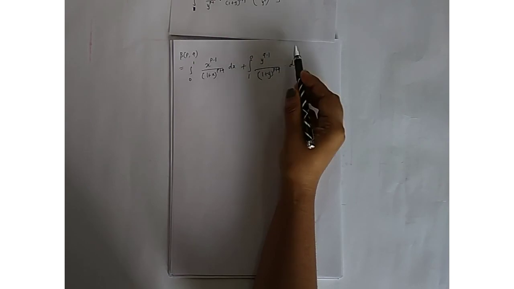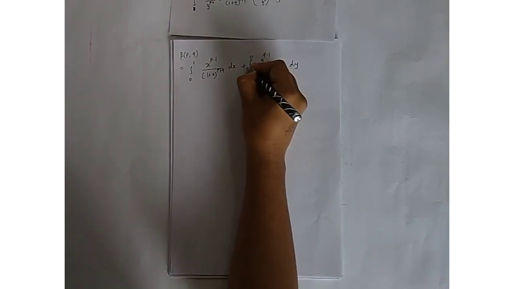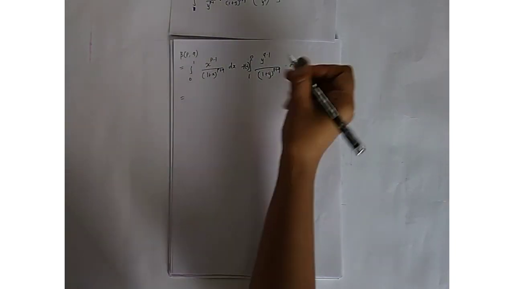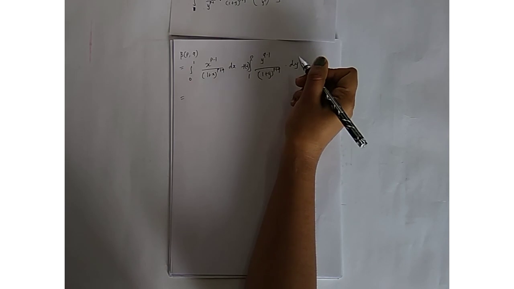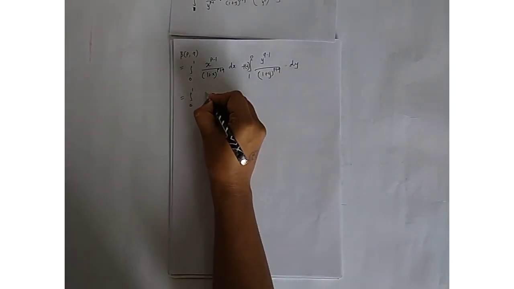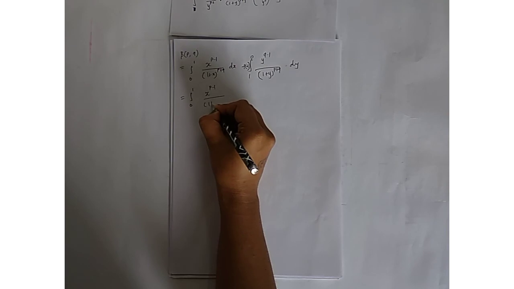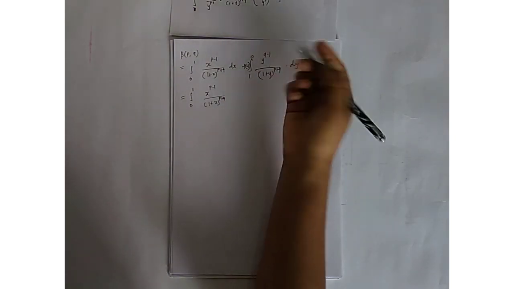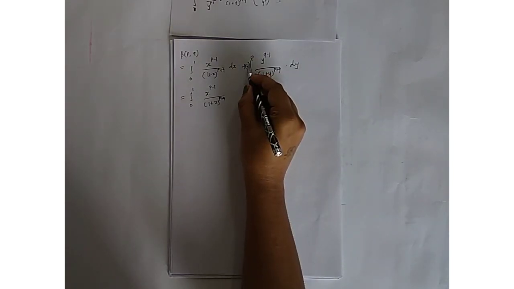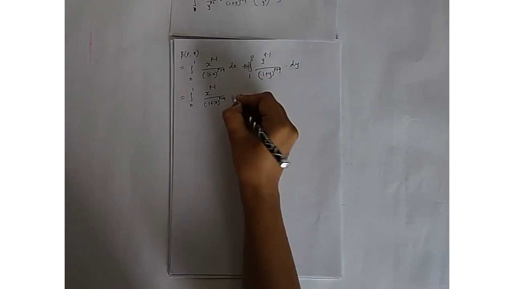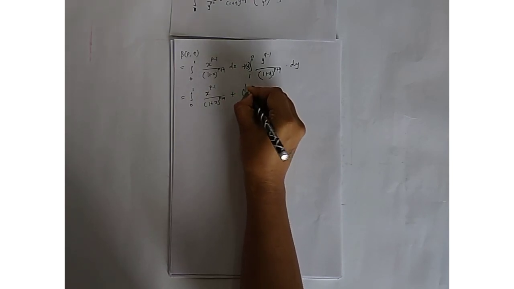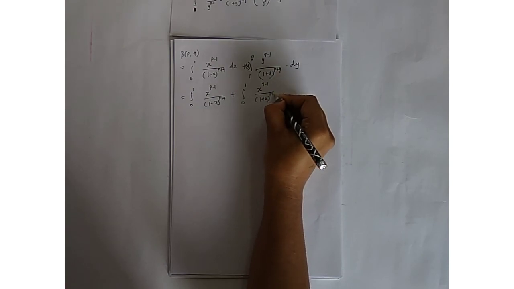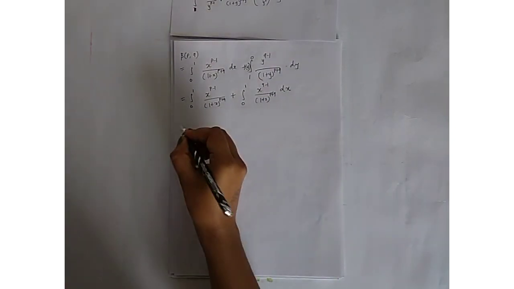Now let's change into minus. So let's change variable y into x, it will become 0 to 1 x^(p-1) upon (1 + x)^(p+q). When you are changing this limit, and here is minus 1, again minus 1, that is plus, so plus 0 to 1 x^(q-1) upon (1 + x)^(p+q) dx.